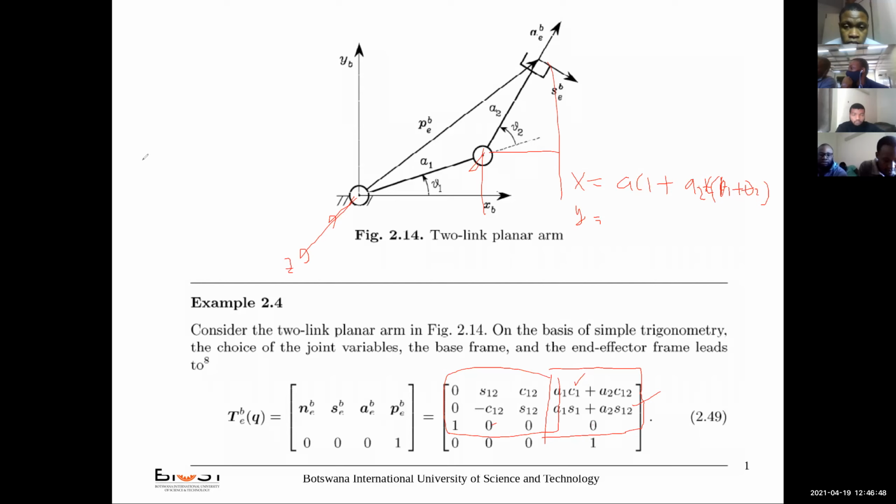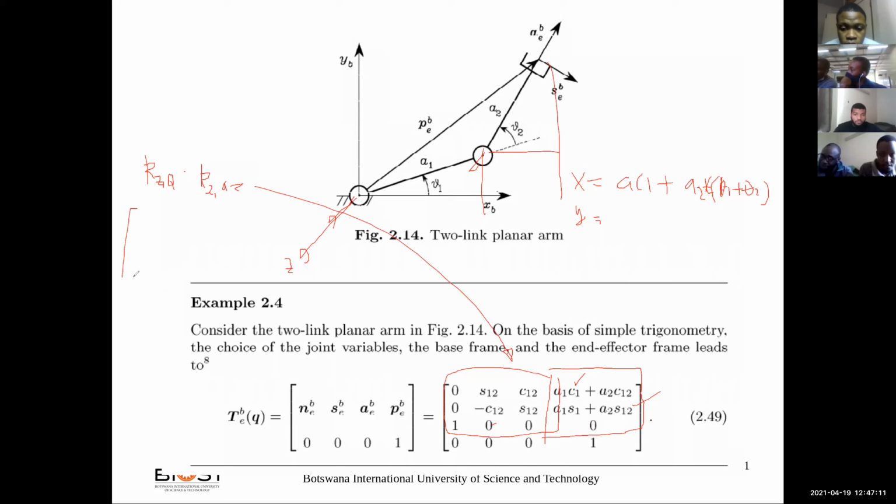That's the result of rotation about the z-axis with respect to theta 1, multiplied by another rotation about the z-axis about theta 2. You understand? If you compute that, you will get this.